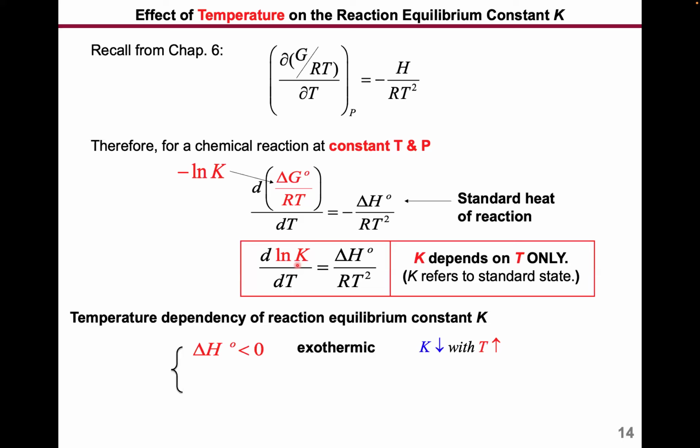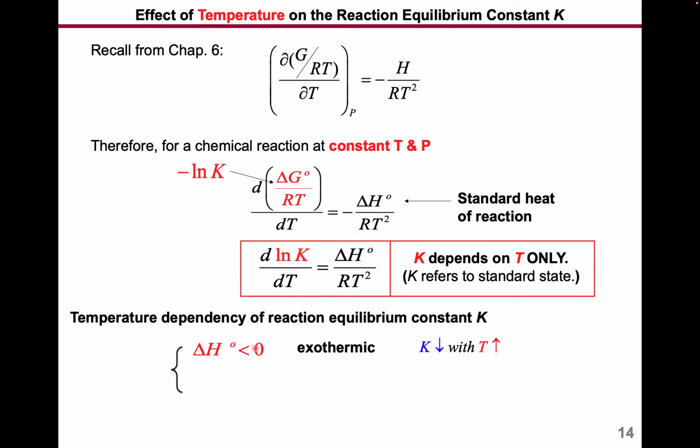Okay. So now if you look at this equation, d ln K/dT is equal to delta H° over RT squared, right? So here, if we want to understand the effect of temperature change on the reaction equilibrium constant, then we really need to know the sign of this delta H°.